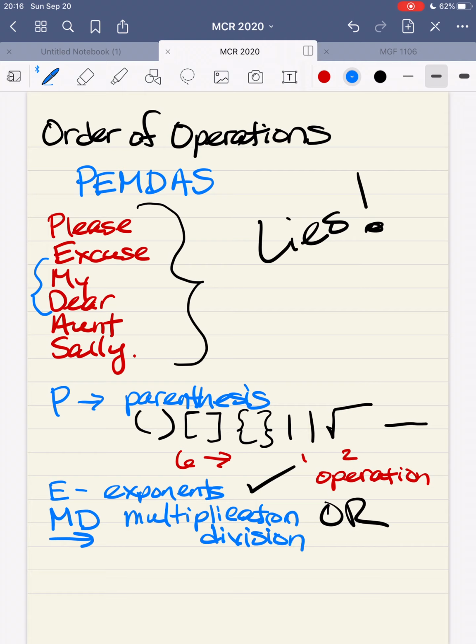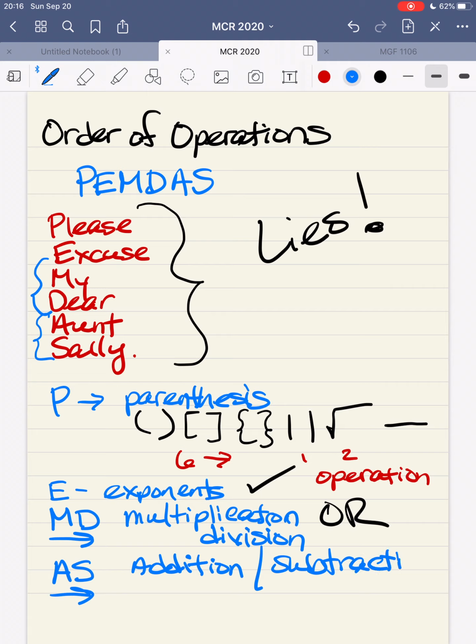So whichever operation we come through first, we must go ahead and do that operation. So multiplication is not always first. The same thing also applies when we talk about addition and subtraction, which is our Aunt Sally part. So our addition and subtraction also goes in order from left to right. Okay? So addition doesn't always come first. Sometimes it might be subtraction.